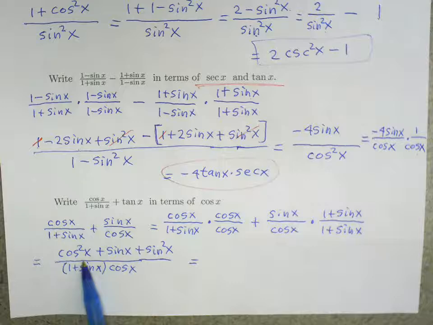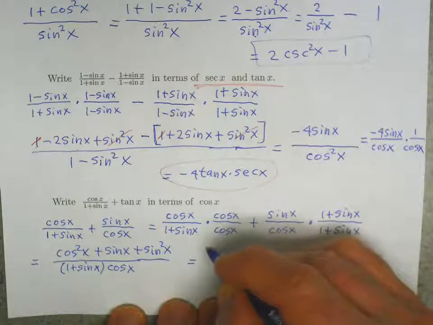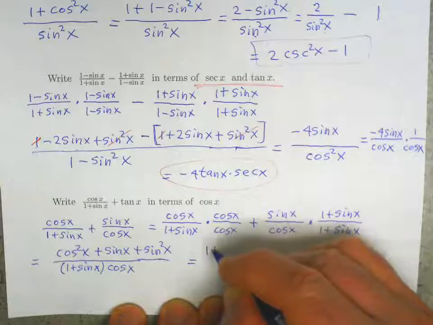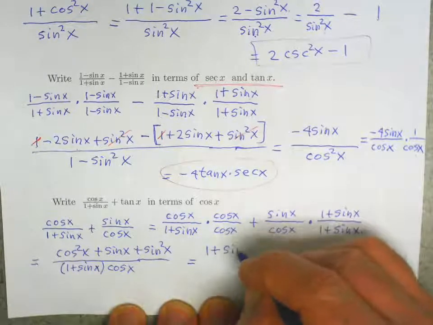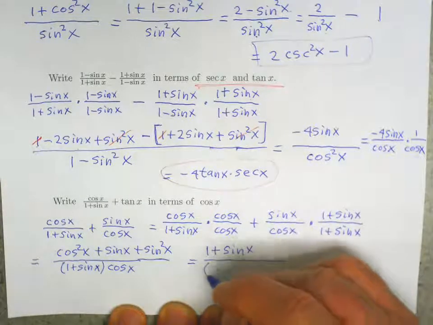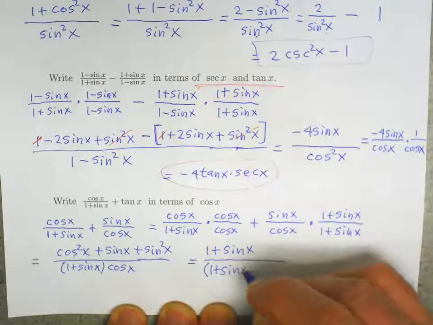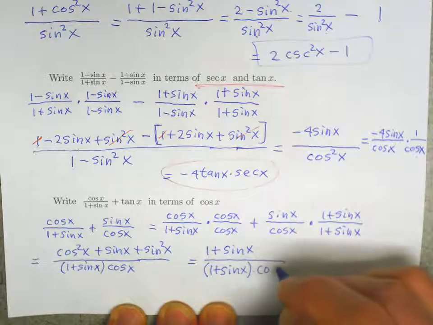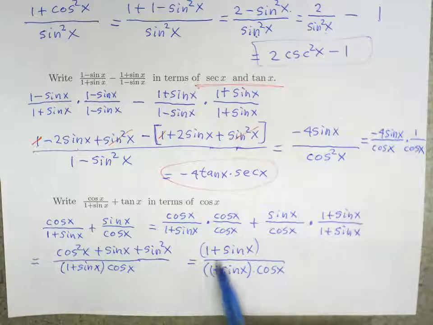The cosine of x squared plus sine of x squared is 1, so we can just write this as 1 plus sine of x. And in the denominator, we have the factor 1 plus sine of x times cosine of x. So 1 plus sine of x divided by 1 plus sine of x is 1.